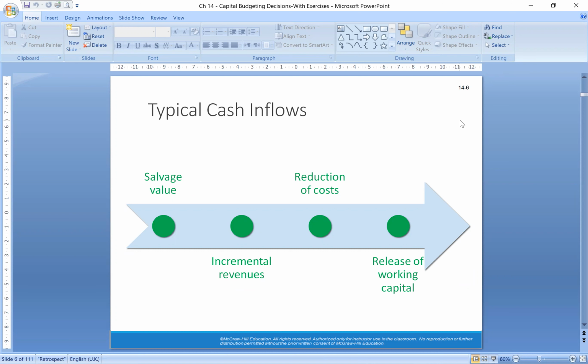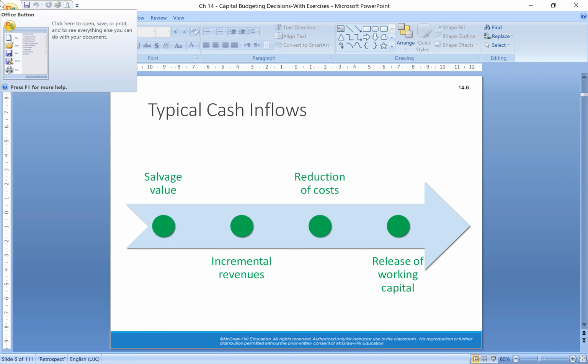So I'm waiting to receive these cash inflows at the end of the life of the asset. Incremental revenues, which are the revenues earned by the project, I'm also waiting to receive, which is why it is called cash inflows. The release of the working capital is also a cash inflow.